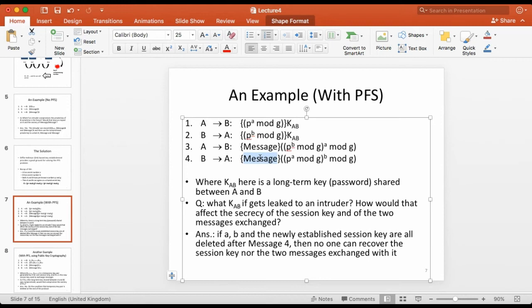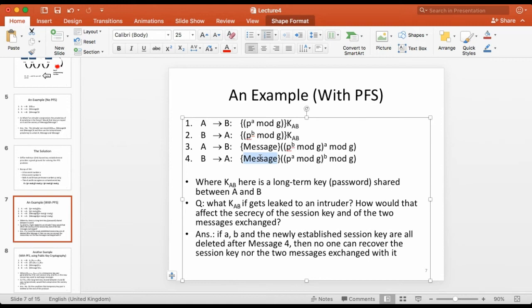So she knows that Bob has successfully managed to calculate the same Diffie-Hellman key, and therefore they can go on exchanging as many secret and sensitive messages as they want using that Diffie-Hellman key in the future.